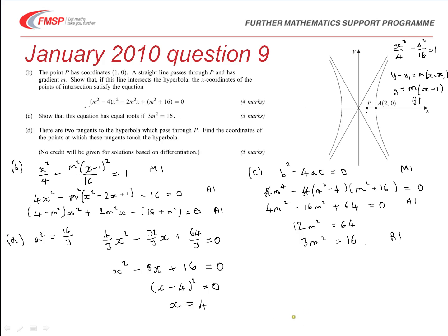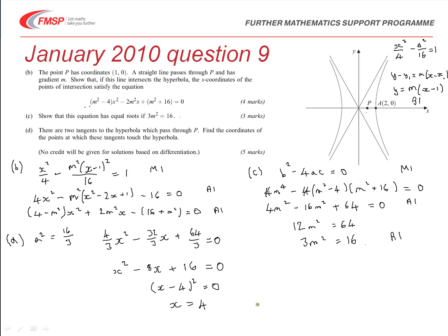Well, to get our y value, we then need to find an appropriate method. So it would seem to make sense to use the equation of the hyperbola, since we know x squared over 4 minus y squared over 16 equals 1.